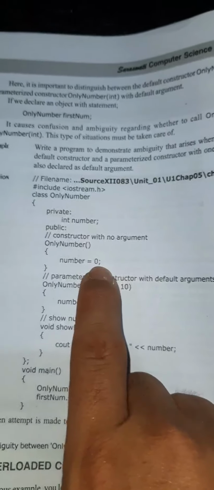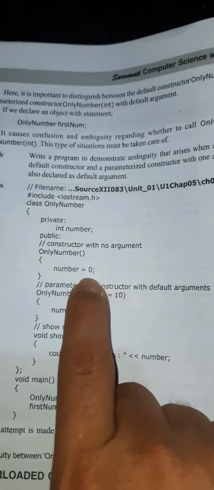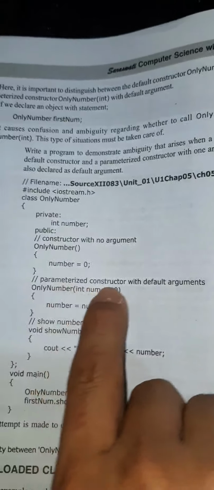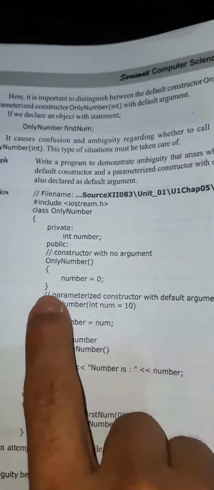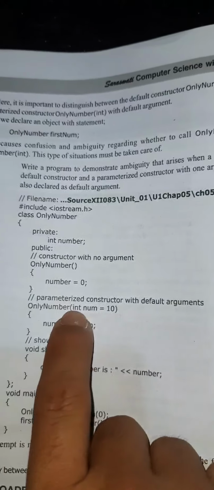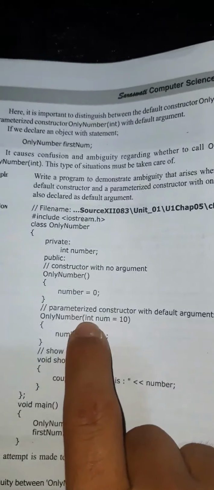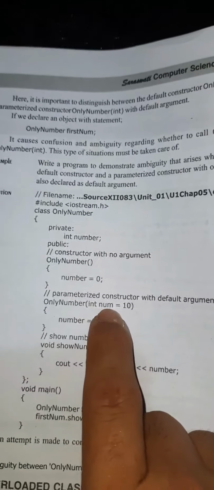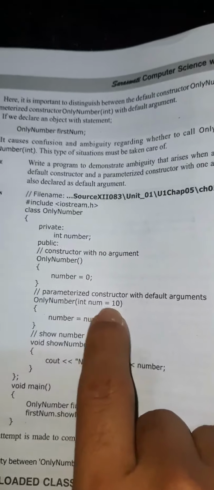Under the default constructor body, the variable number has been assigned the value 0. Again we have another constructor, which is the parameterized constructor with default argument. The constructor names are the same, and within the parenthesis we have the parameter type, the parameter name, which has been assigned the value 10.